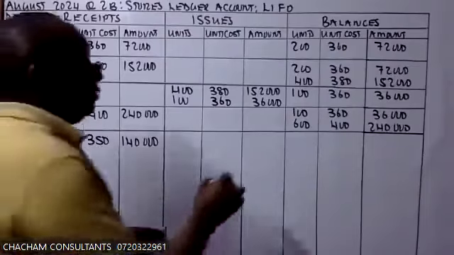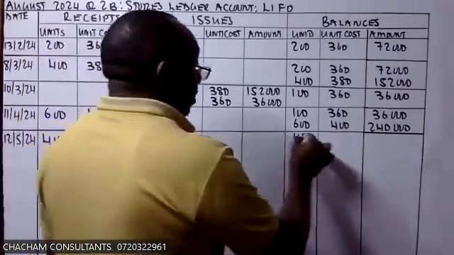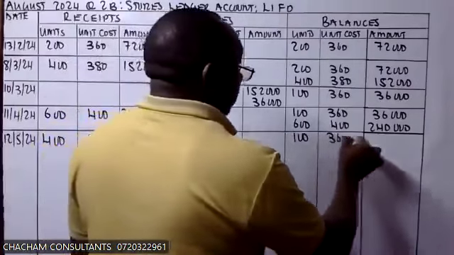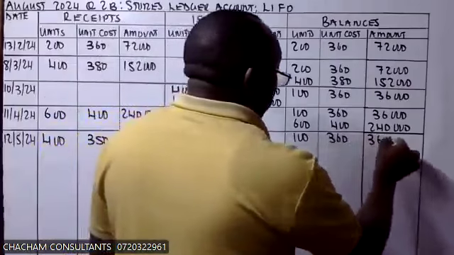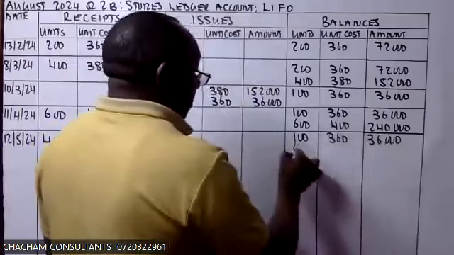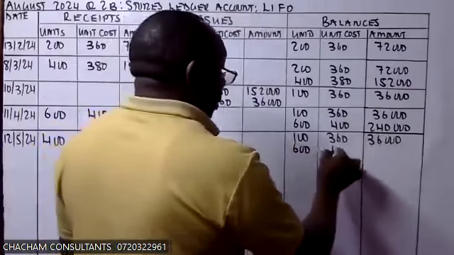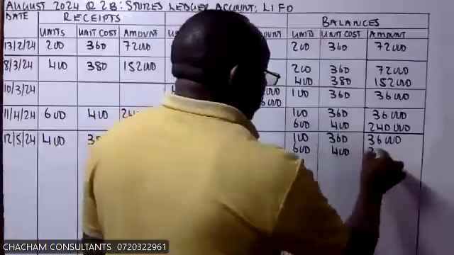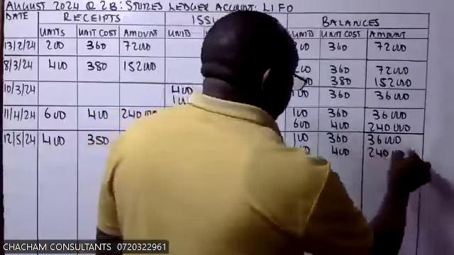So we have 100 here, 360. So that is 6,000. Then 600 at 400, 240,000.